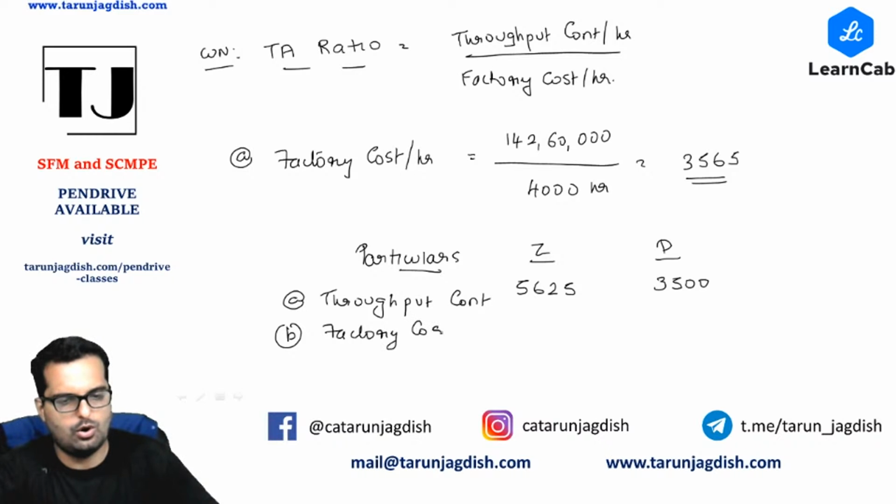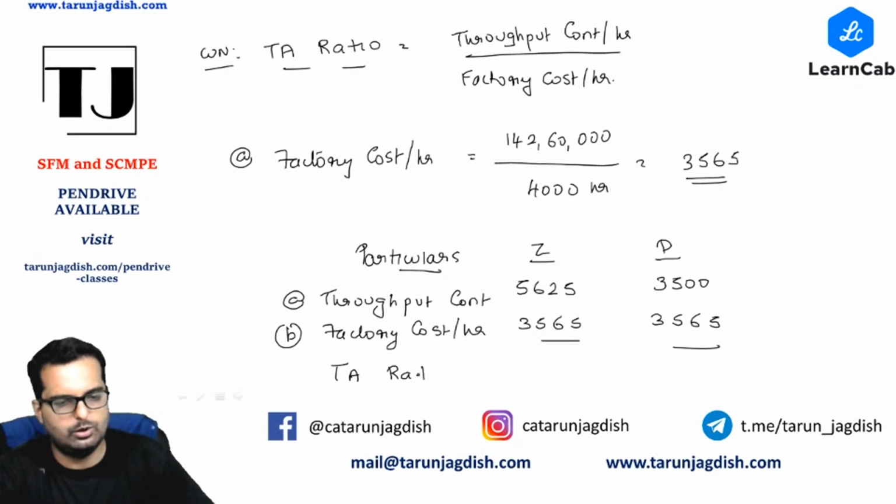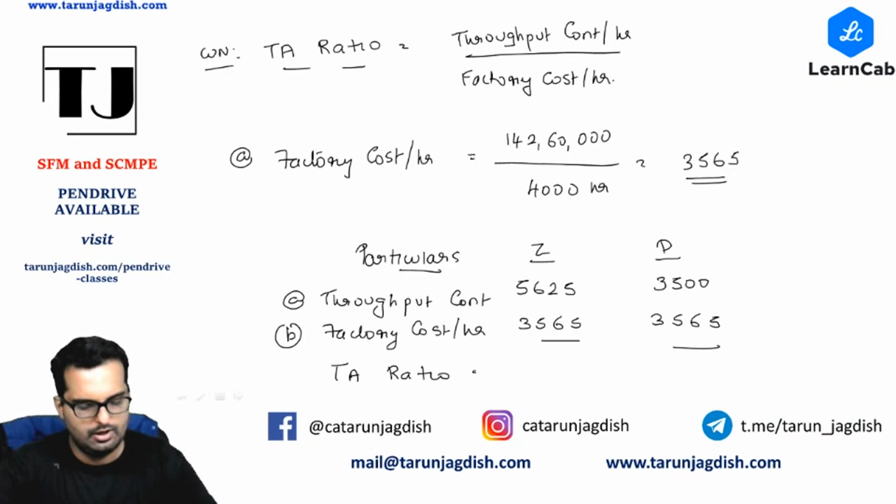Factory cost per hour is how much? 3565. So what is the TA ratio that you get over here? The TA ratio would be 5625 divided by 3565, that is 1.57. 3500 divided by 3565 is 0.98.